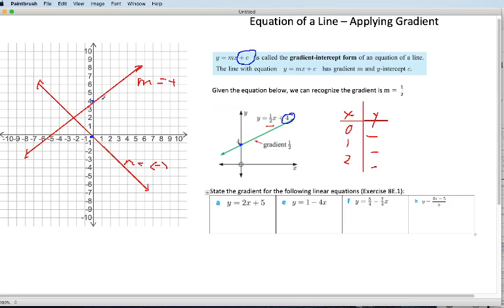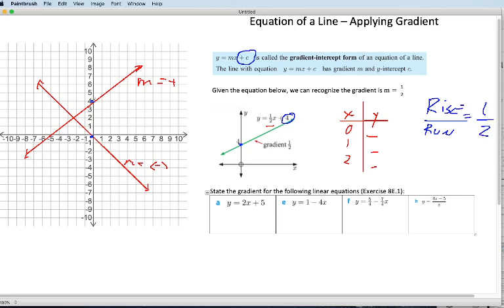So for example, my gradient is 1/2. Remember, the top number is the rise, and the bottom number is the run. So it says for every 1 I rise, I run 2.